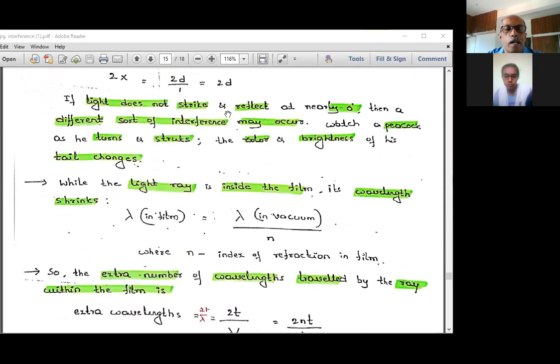If light does not strike and reflect at nearly 0, then a different sort of interference may occur. And this different sort of interference, in which theta is not equal to 0, can be observed when a peacock opens its feathers and the color and brightness of the tail changes due to theta not equal to 0, and due to multiple reflections.